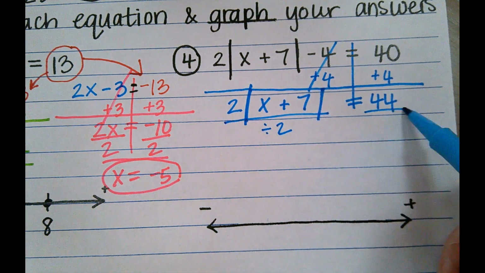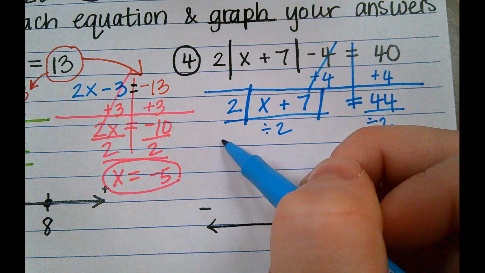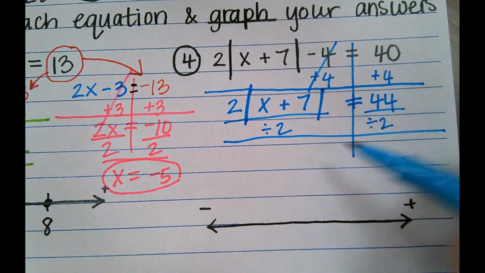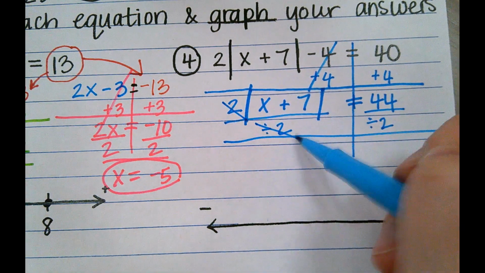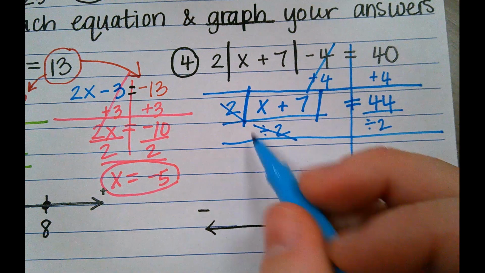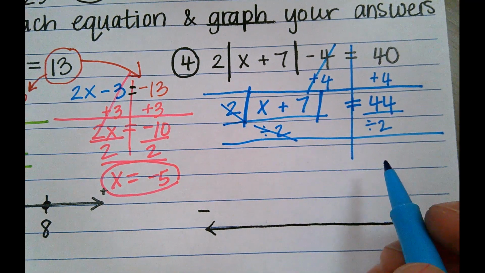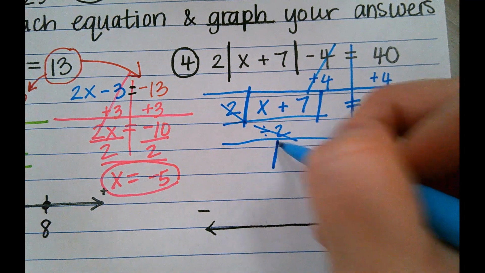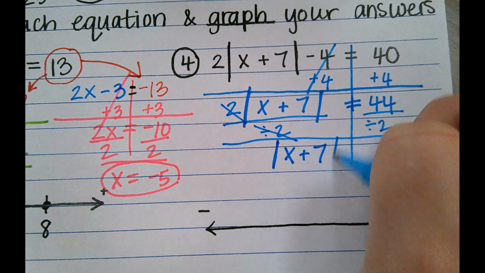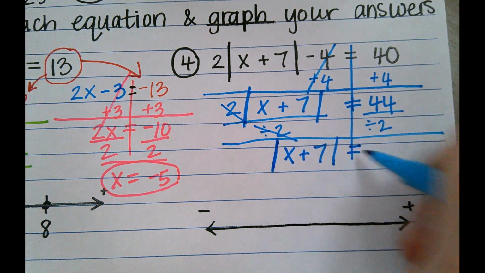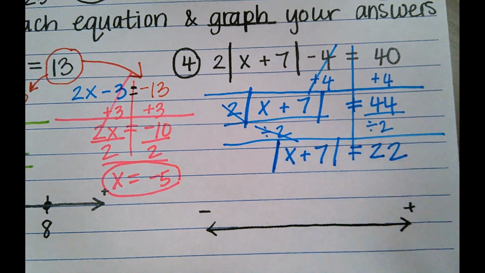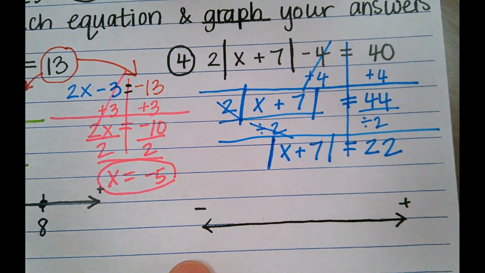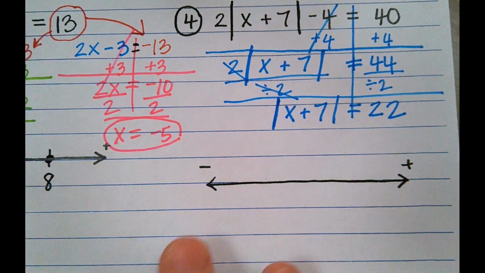That cancels my 2's over here. Does it change my x plus 7 at all? No. Bring that down. x plus 7 in absolute value bars equals 22. Perfect. And then you do the two separate equations.